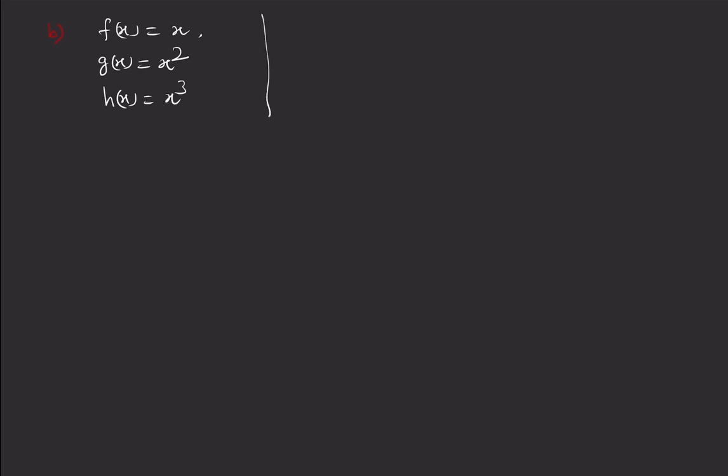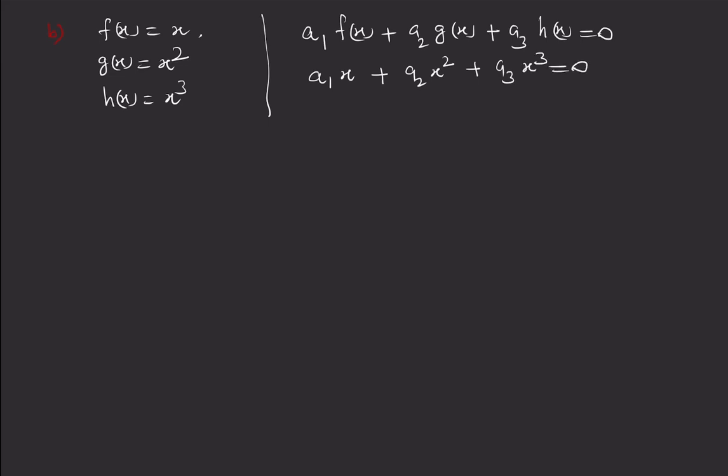So to verify whether they are linearly independent or dependent, let us multiply each function with its component. Suppose a1 f(x) plus a2 g(x) plus a3 h(x) is equal to 0. Putting the values of f(x), g(x) and h(x), we get a1 x plus a2 x square plus a3 x cube is equal to 0.